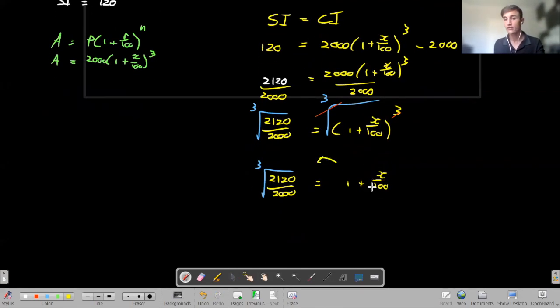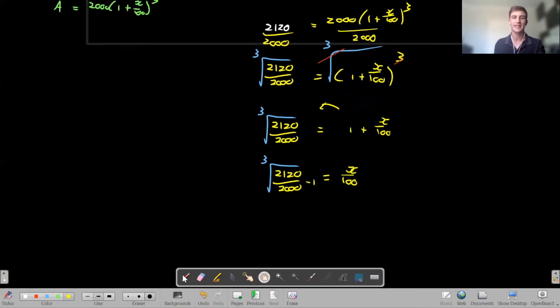We're going to take this 1 over, so we have the cube root minus 1 is equal to x over 100, and we can multiply by 100. Finally, we get to the final step. So x is equal to, and remember, we are multiplying this entire thing by 100, the cube root of 2,120 divided by 2,000 minus 1, times 100.